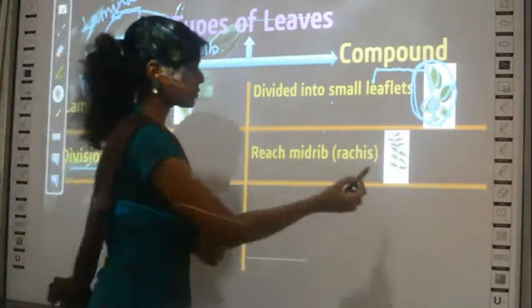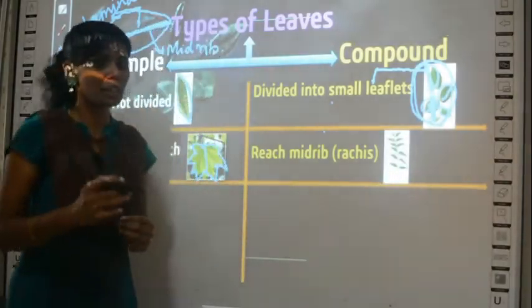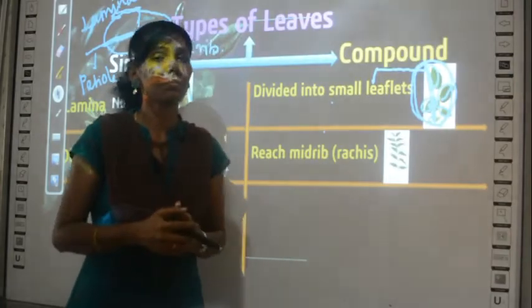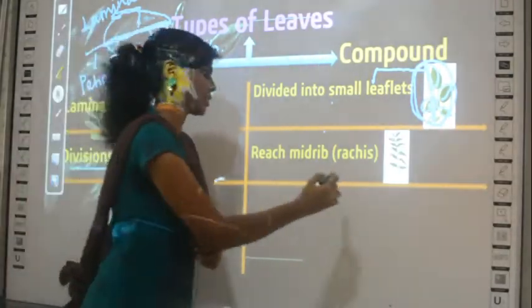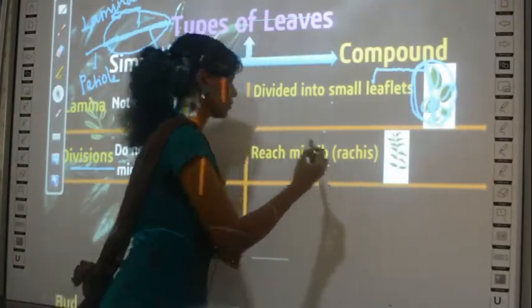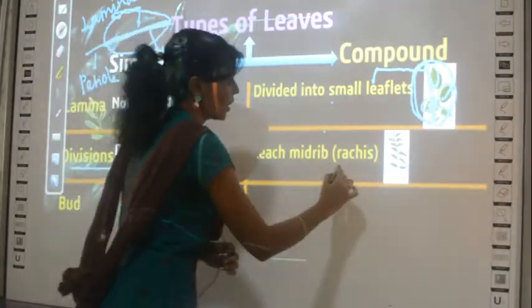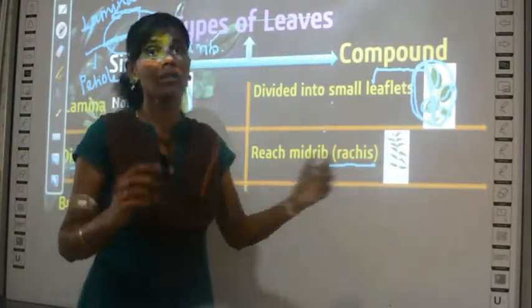See, the leaflets are all touching the midrib, but in the case of compound leaves, you do not use the term midrib. Instead, it is called the rachis. Why is it called the rachis? Because here you no more have a single leaf blade.